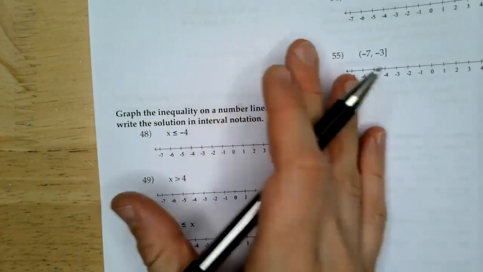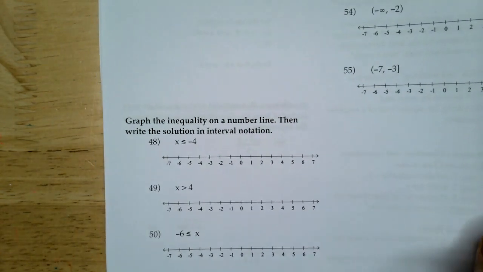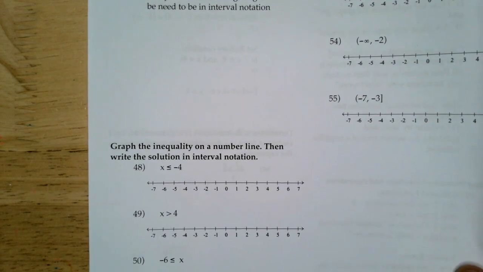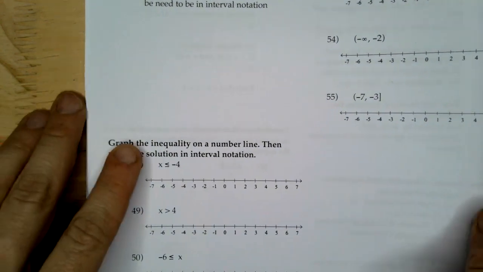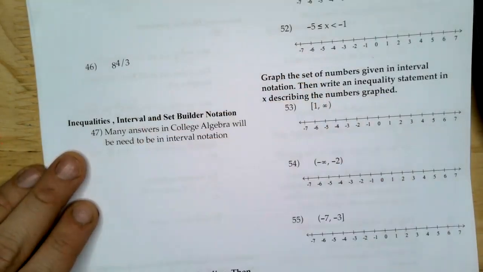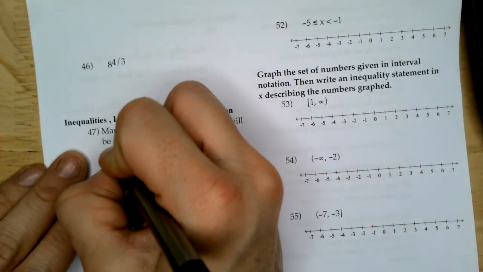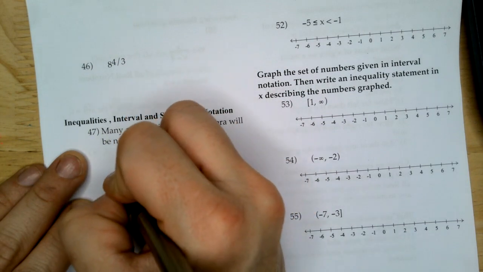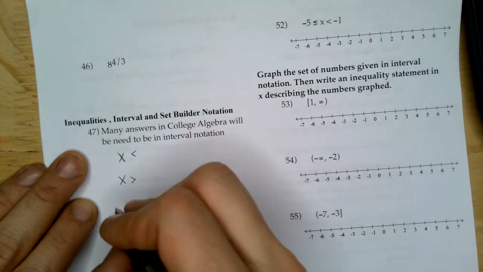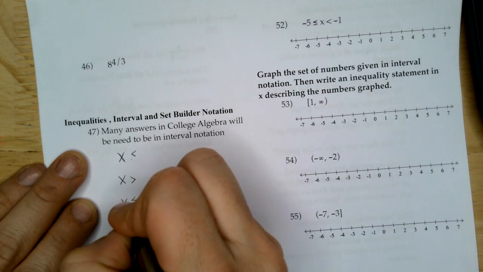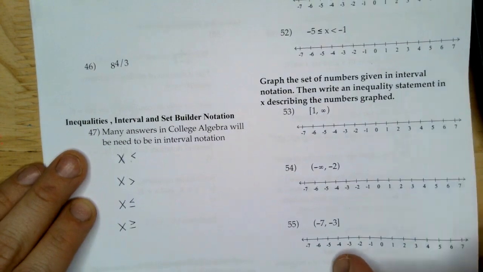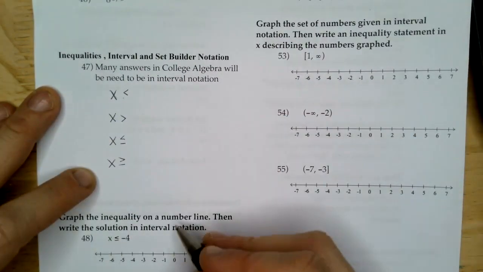Now we're going to talk about graphing an inequality on a number line and writing in interval notation. All right, so if you have x is less than, x is greater than, x is less than or equal to, x is greater than or equal to, I'm going to just show you what they will look like on a number line.